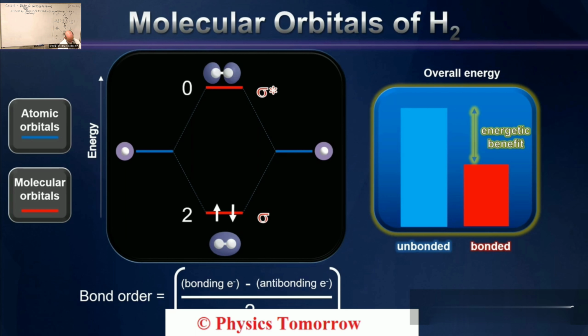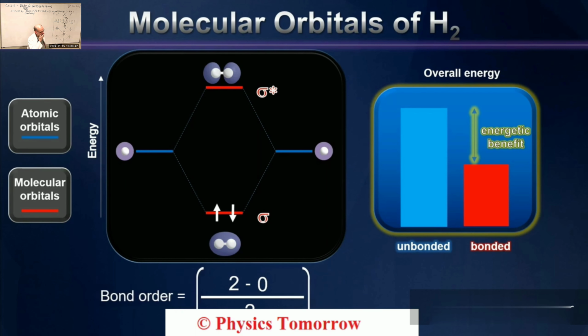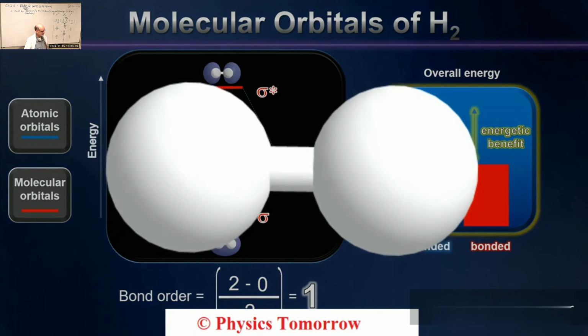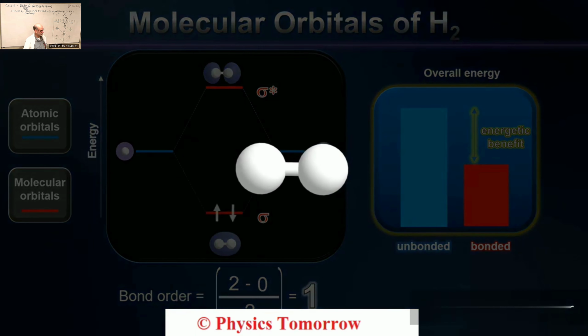In our example of hydrogen, we have 2 bonding electrons, and we have no antibonding electrons. Consequently, our equation tells us that we expect 2 hydrogen atoms to get together and form a chemical bond with an order of 1. In other words, a hydrogen molecule should have a single bond. And that is, in fact, exactly what we see.